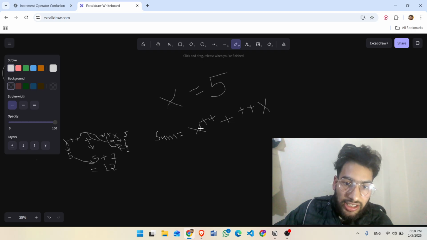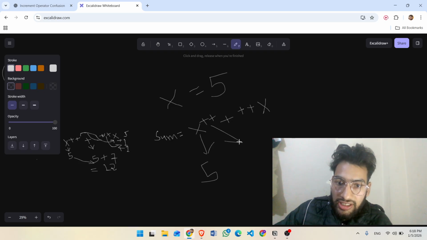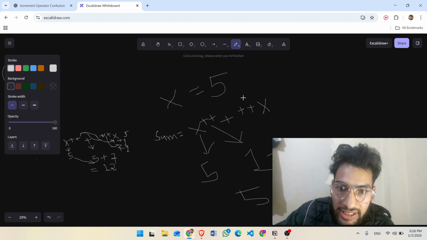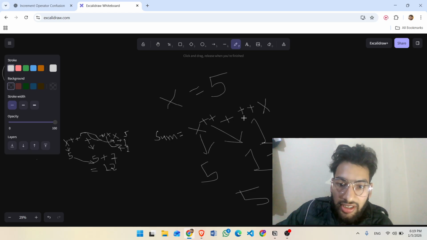Here the first one prints first and increases 1 after printing the value. Here the second one increases 1 first, before printing.